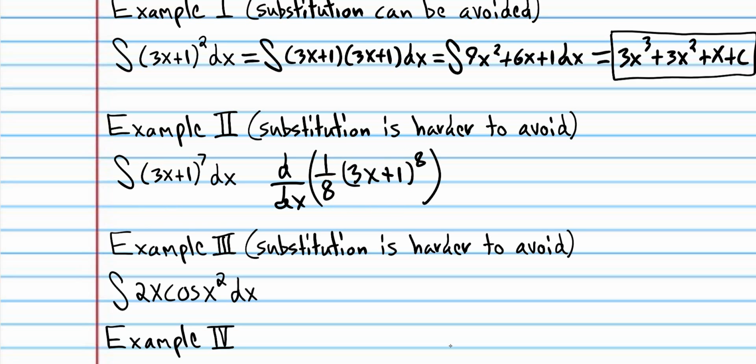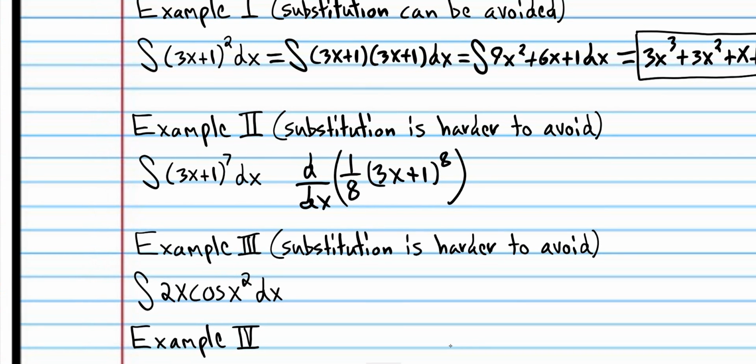But when we find the derivative of this expression, we have to use the chain rule. And the reason we have to use the chain rule is because we have this inside function here. When you have a function inside another function, so we have this blue function that's inside this outer yellow function, you have to use the chain rule when you find the derivative.